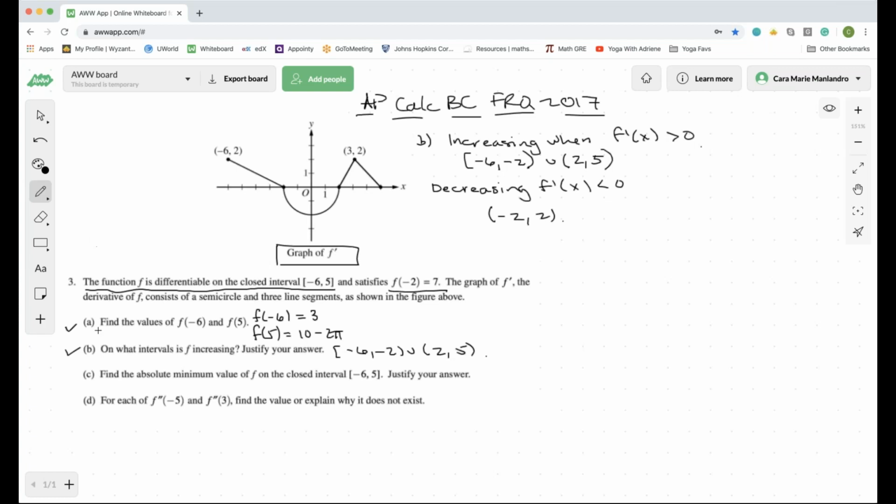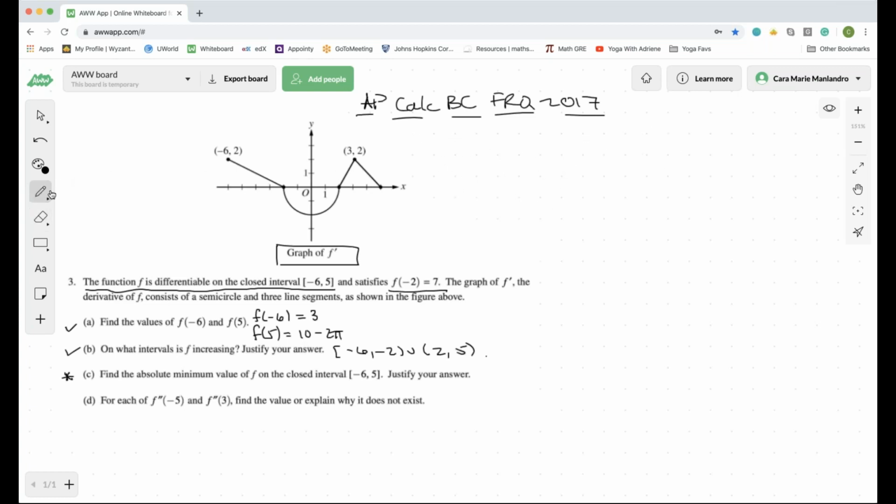Okay, so now this is, I think, the toughest question of the bunch here. Find the absolute minimum. All right, so remember that when you have questions like this and you have closed intervals, you have to check the endpoints.